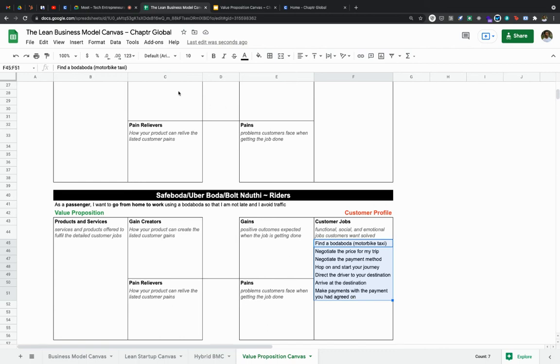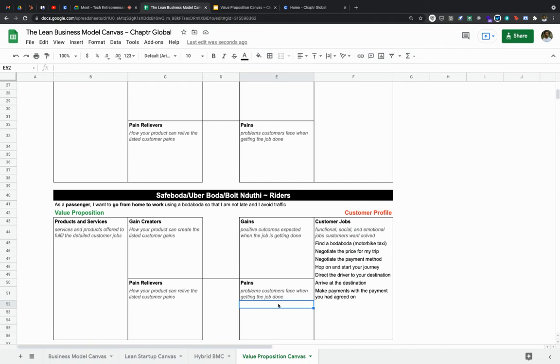Let's say a boda not plying the route that I want. Yeah, so it's not plying the route you want. How would you phrase that as a pain? Destination inconvenience.